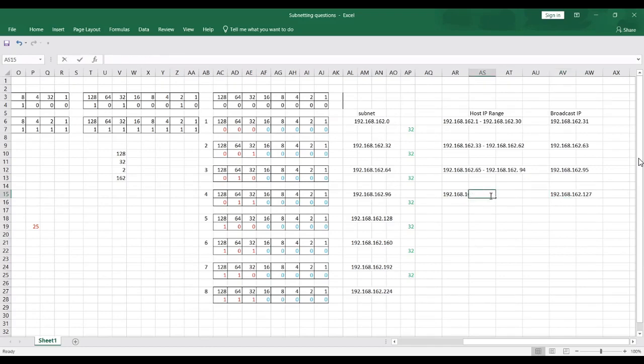And there you can write the other range, 192.168.162. So it should be 126, right? That is the IP range which should come to this particular subnet.